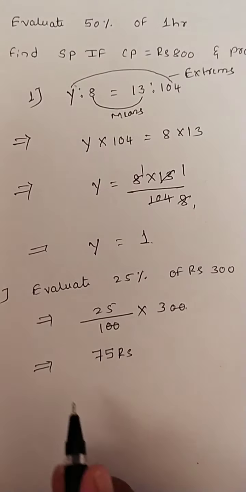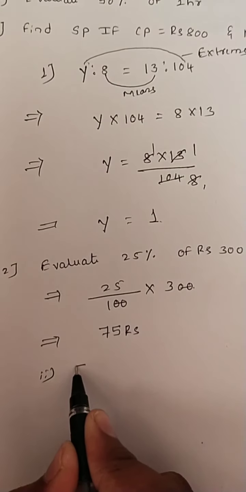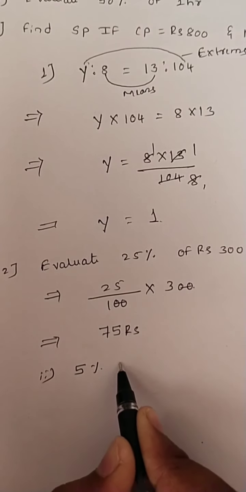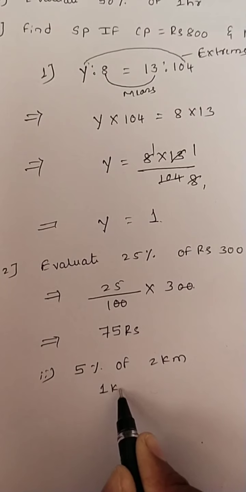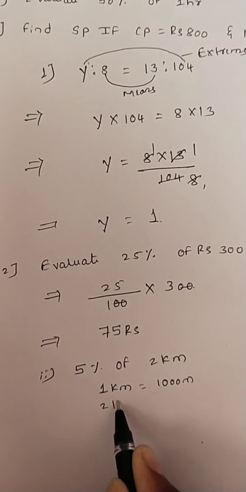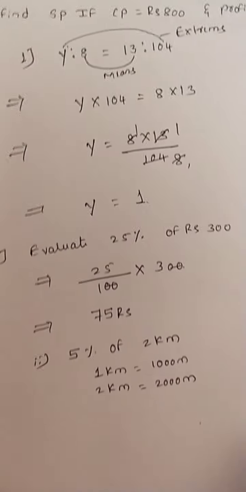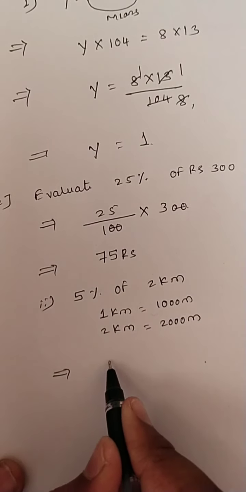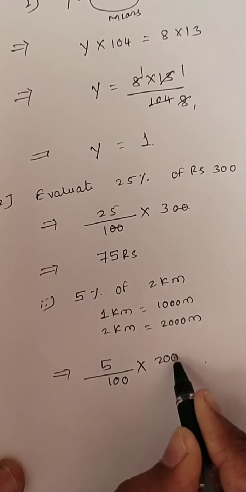One more example: 5% of 2 kilometers. I already know 1 kilometer is equal to 1000 meters, so 2 kilometers is equal to 2000 meters. So we have 5 divided by 100 into 2000.